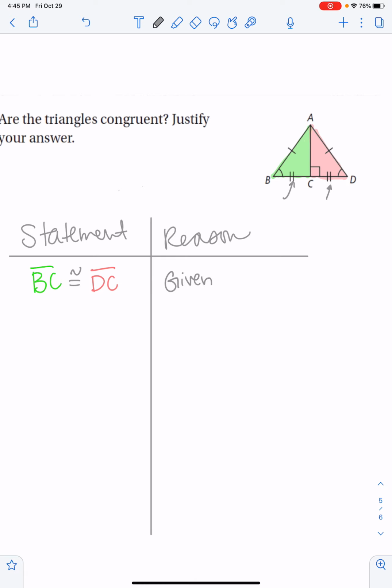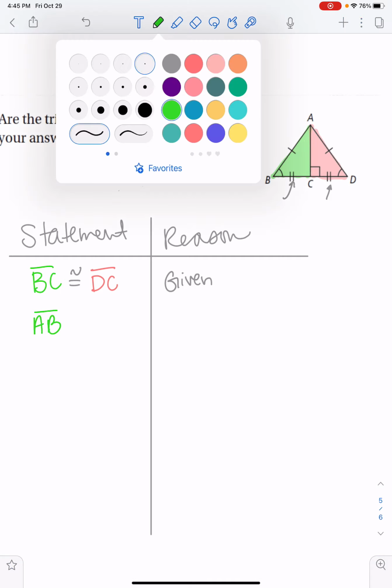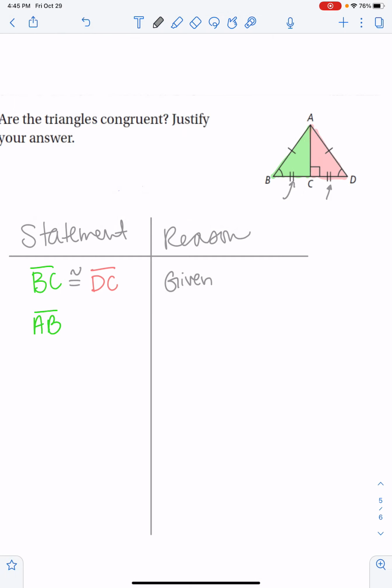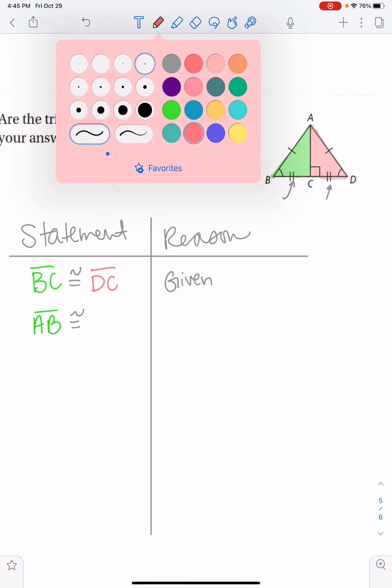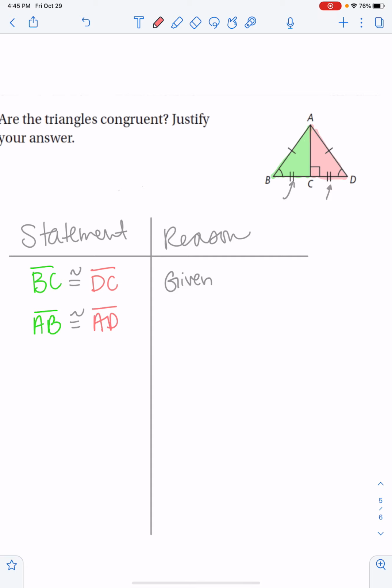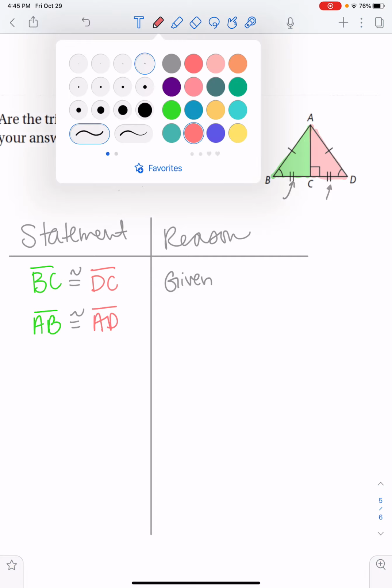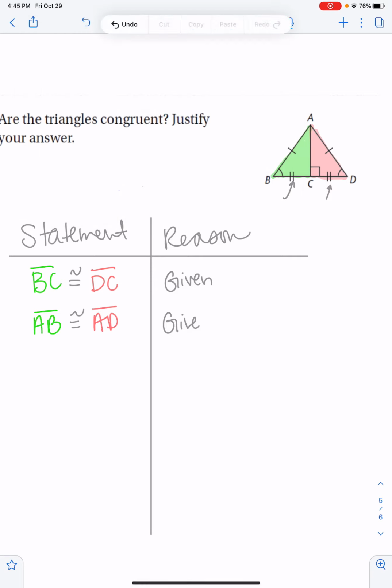So I'll write that those are congruent, and I'll just say given, and it's really because of those marks right there. We can also say that AB is congruent, which just means has the same shape as AD on the red one, and that's given as well, mostly because of that line and that line.